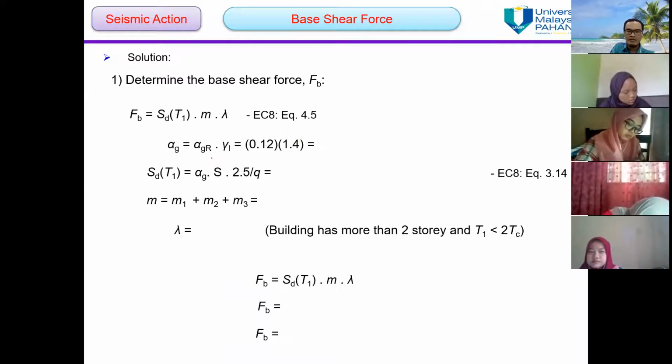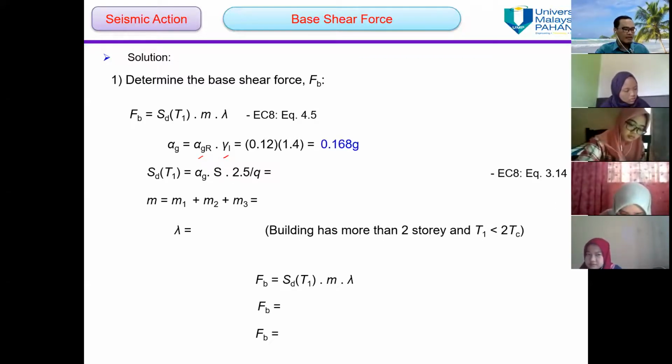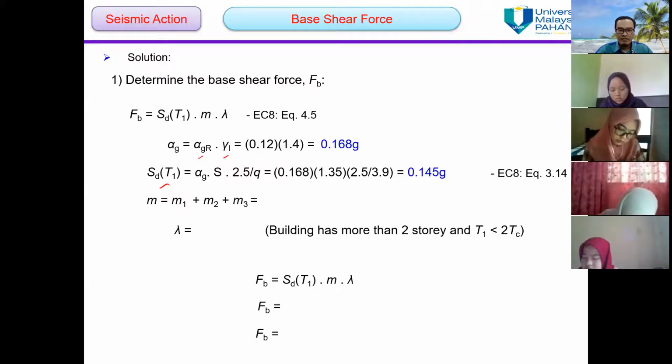This is alpha g equal to alpha gR times the importance factor. What is the value here? 0.168. Just like our previous lesson, 0.168. So our fundamental spectral acceleration is 0.145.